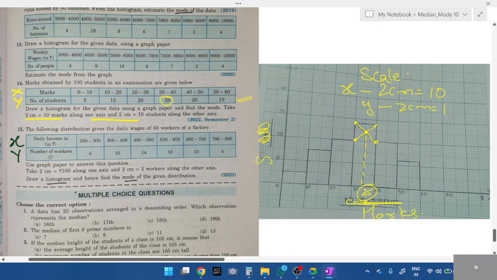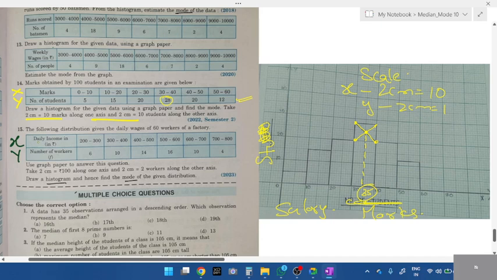Students are always in the y-axis. It's very simple. Number of students, number of workers, all that should be in the y-axis. The continuous value should be in the x-axis. Marks, salary. Mostly you'll get these type of questions. Marks and salary.